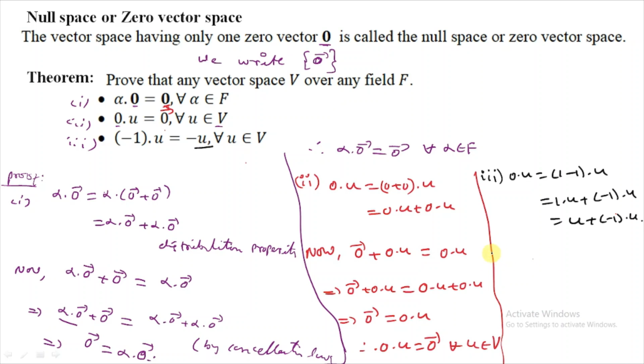Okay, now minus u plus 0 dot u equal to minus u plus 0 dot u equal to u plus minus 1 dot u, minus 1 dot u. This implies minus u plus 0 dot u. Okay, right. One more thing.